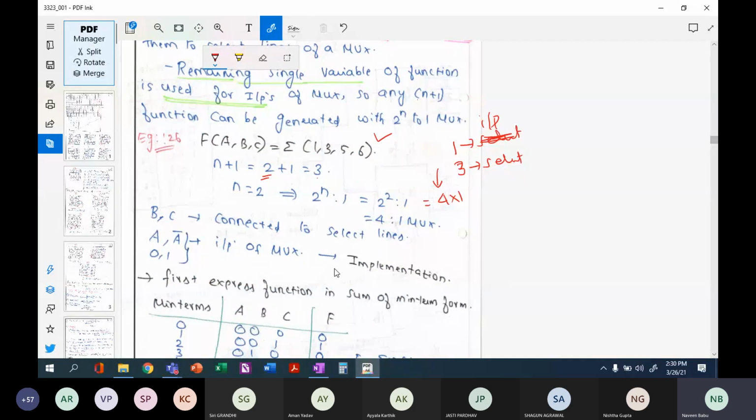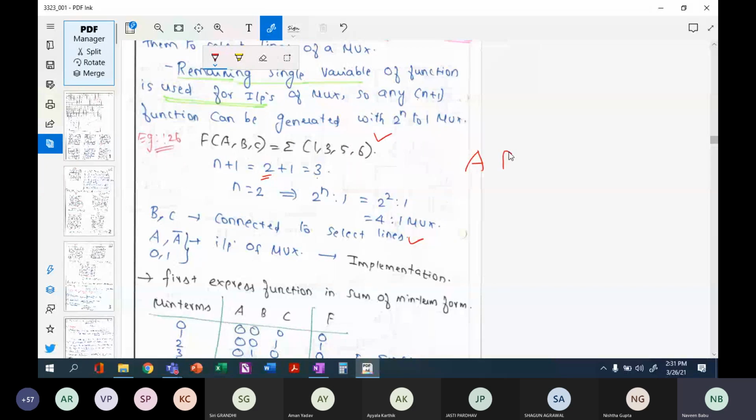Out of these variables, it should not be 3, it should be 2. 2 plus 1 is 3. In case I confused you, forget about this. Now, out of these 3 variables, 2 I'm going to use as select lines and 1 I'm going to use as an input line.